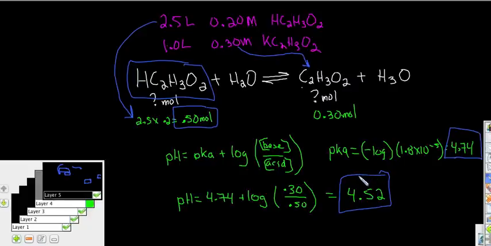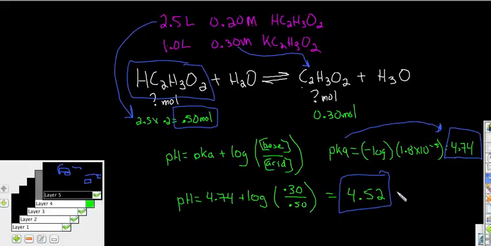4.52, which makes sense. One of the reasons this does make sense is that it's close to the pKa. The pH of a buffer is always very close to the pKa of the acid that's in the buffer situation. So the pKa is a really good tool to gauge whether or not we have correctly figured out the pH of this.